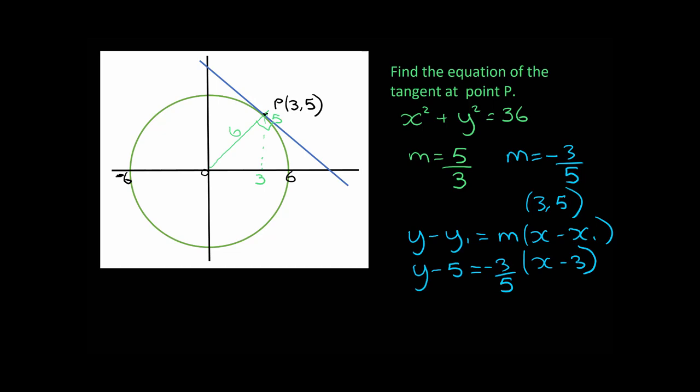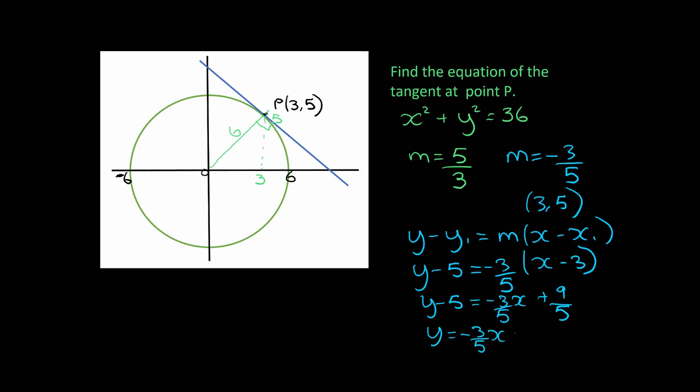So we'll expand the right hand side, so that's y minus 5 equals minus 3 over 5x plus 9 over 5, and then final step, y equals minus 3 over 5x.